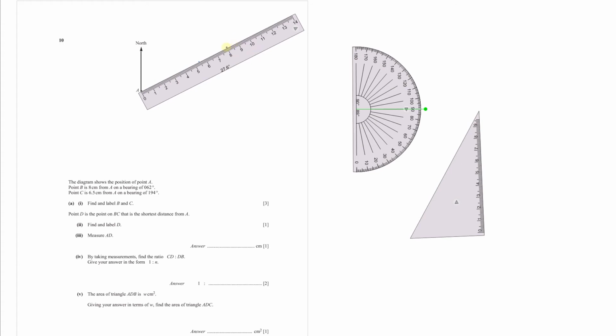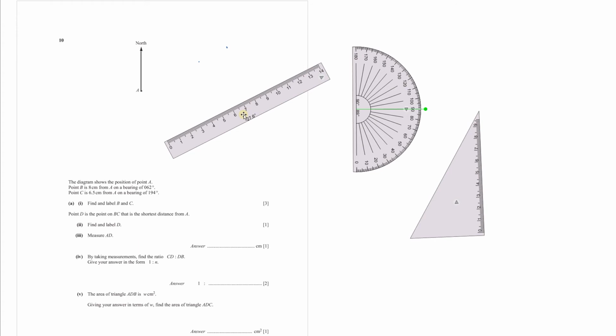This is it. So this point, this will be point B.